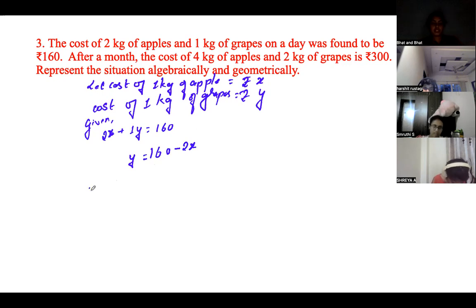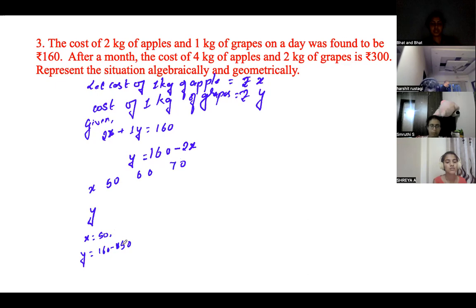Okay, now for this, let us write what are the coordinates, x and y coordinates. So we are taking the value of x to be 50, 60, 70. Now what will happen? If x is equal to 50, then y will be equal to 160 minus 50.